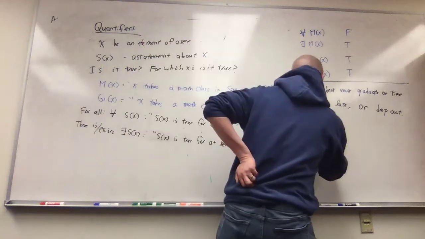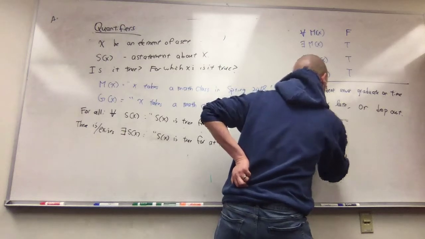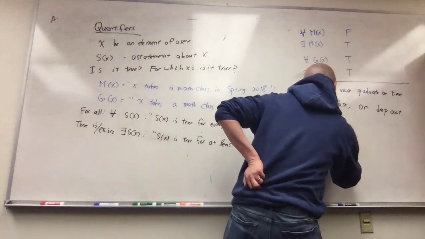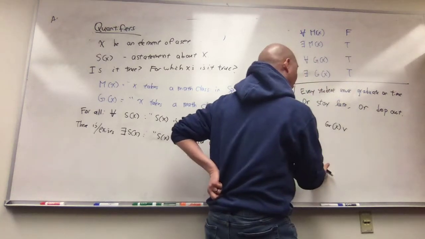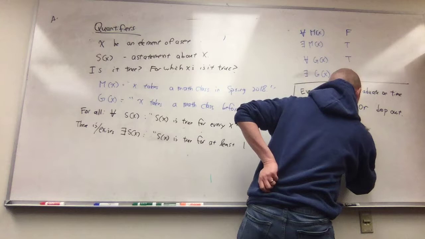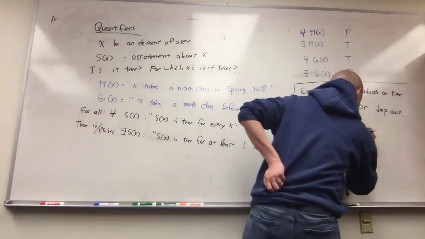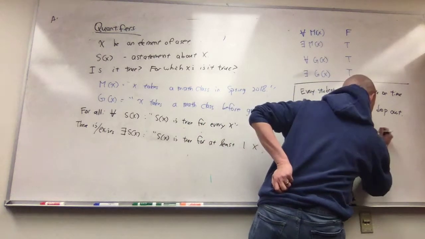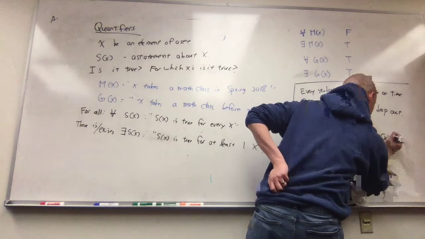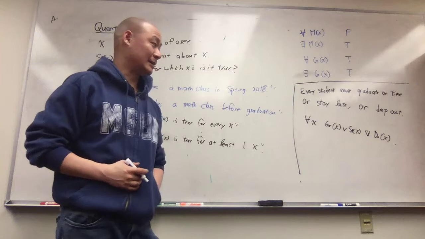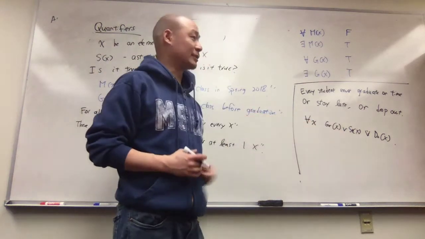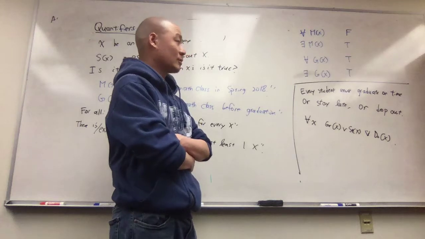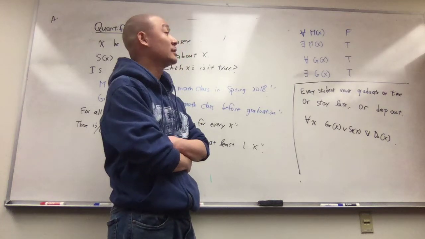So that would be something like for all X, graduate X, or stay late X, I'm going to call it STX, or dropout X. Right. So there's multiple statements here that could be combined under this quantifier.